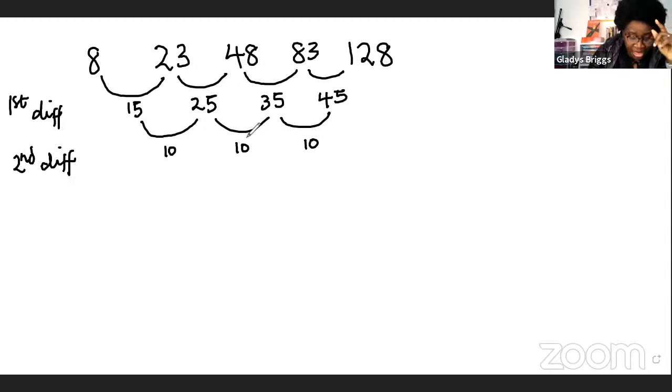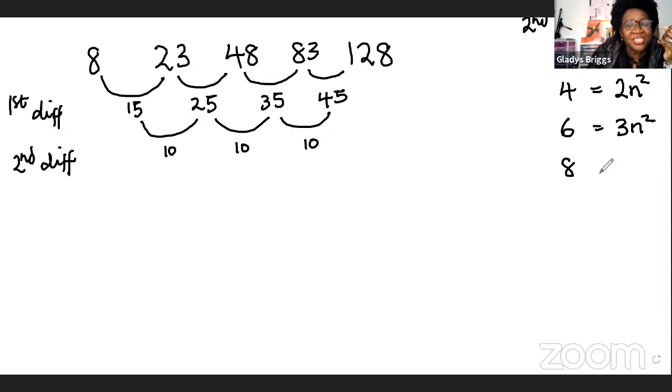So we've got the second difference. I told you guys that if you have a second difference of 2, it's going to be n squared. A second difference of 4 is going to be 2n squared. A second difference of 6 is going to be 3n squared.